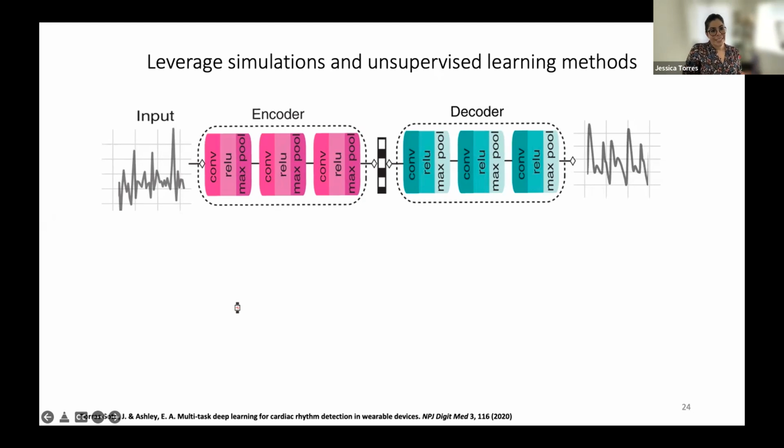And what that does is that it essentially is a deep learning method where the input is a noisy signal in our case. It has an encoder and a decoder, and then the goal is to recapitulate the signal with the removal of that noise. And so in an ideal world, you would have both the clean signal and the corrupted signal. In our case, the data that we were pulling off the patients is only going to be this corrupted signal.